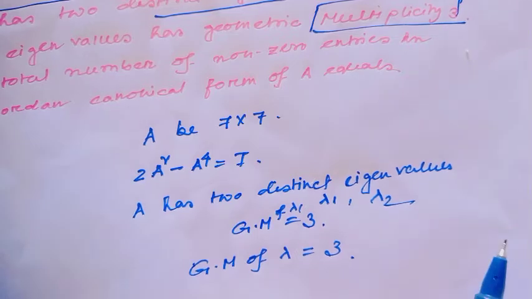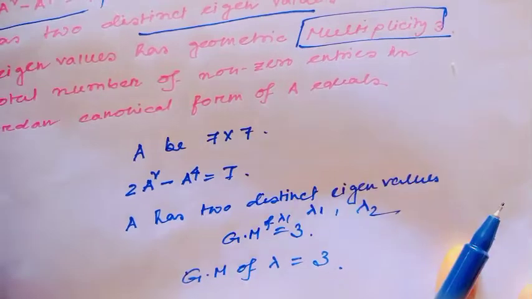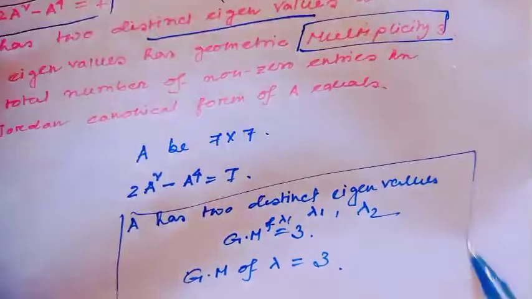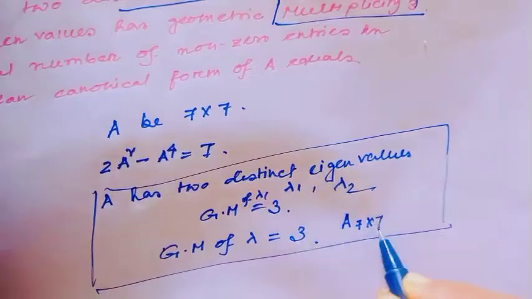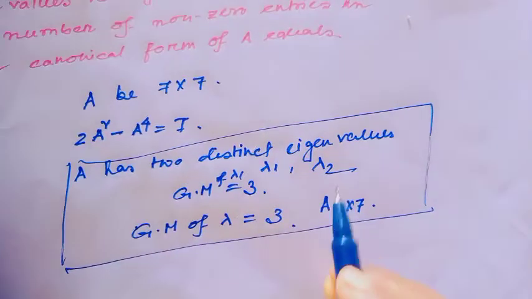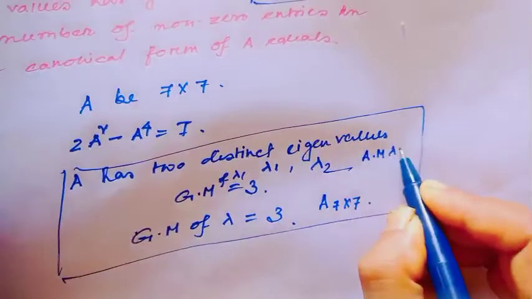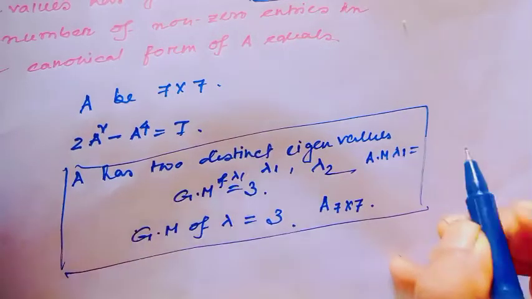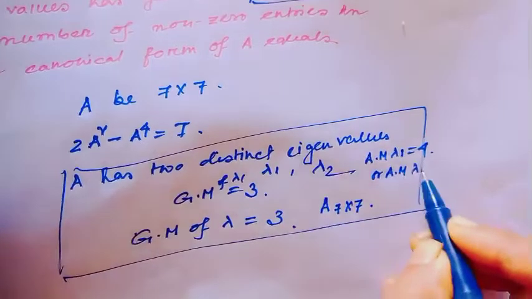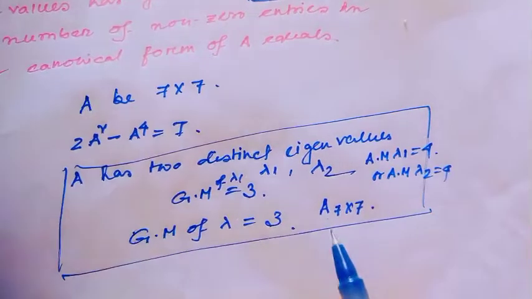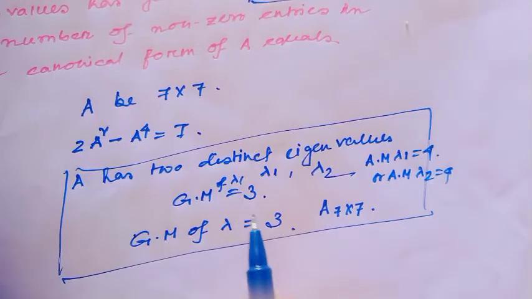Since A is a 7 cross 7 matrix, from this idea we can tell that either the algebraic multiplicity of lambda 1 would be 4 or the algebraic multiplicity of lambda 2 would be 4, because the geometric multiplicities of lambda 1 and lambda 2 are 3.